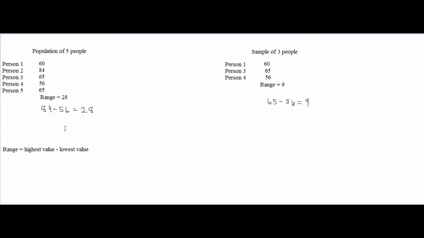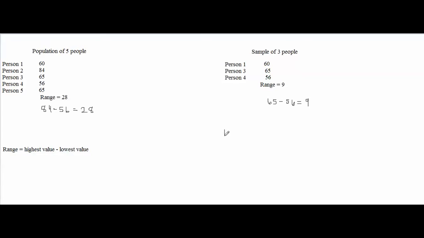Now, what's another way we could calculate the amount of spread or the amount of dispersion? There's actually another way to calculate the amount of spread or the amount of dispersion that's better than the range. And first I'll talk about the problem with the range.